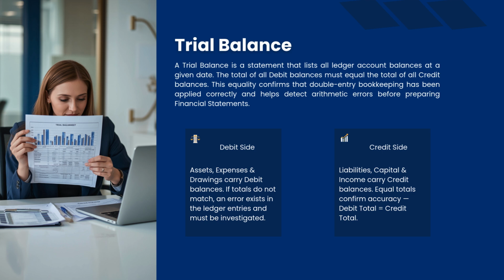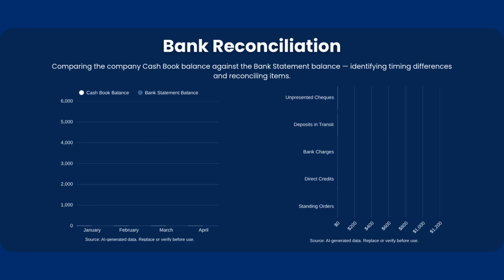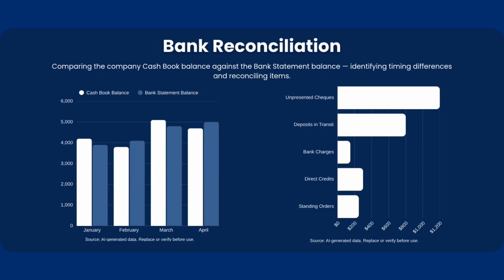So this trial balance is a list of all ledger account balances at a given date, or normally at a year end. And it's a really important topic. Bank reconciliation. Reconciliation means matching. It's an area that students often find really puzzling, but we will be simplifying it in this playlist.